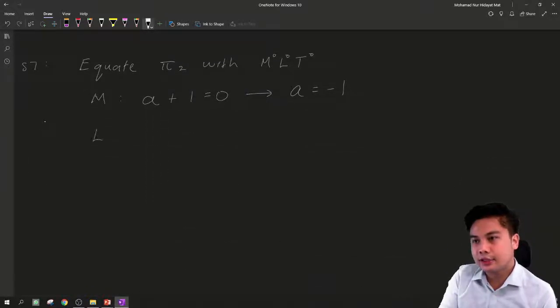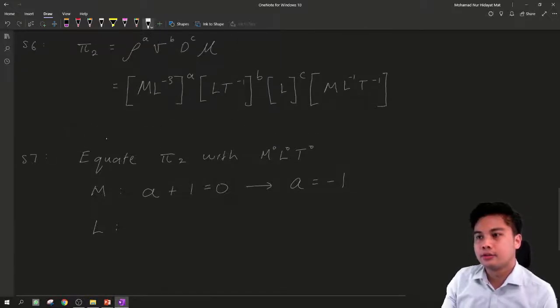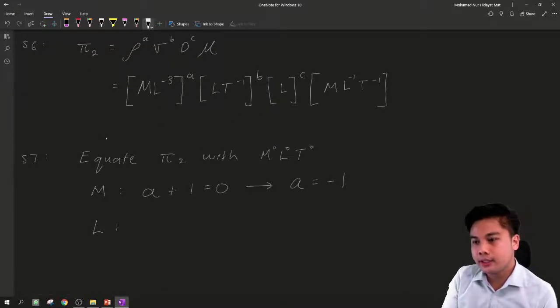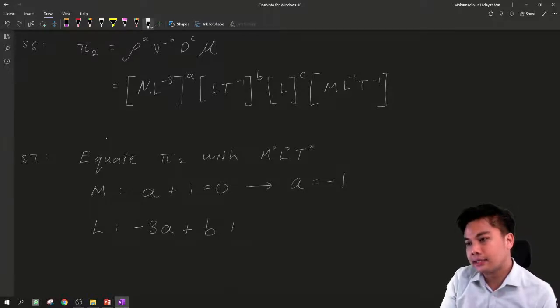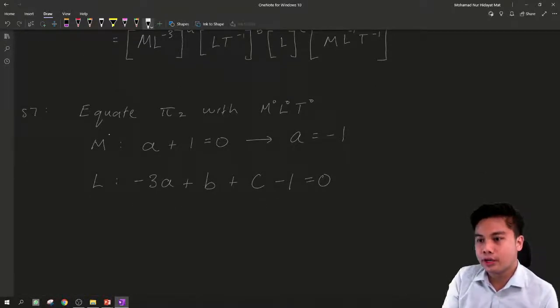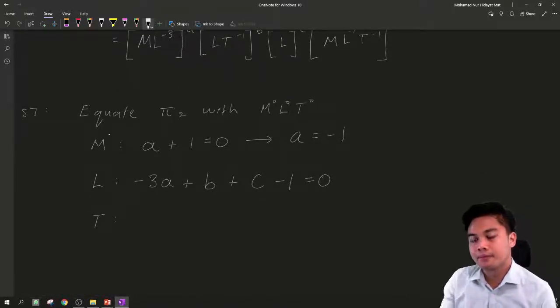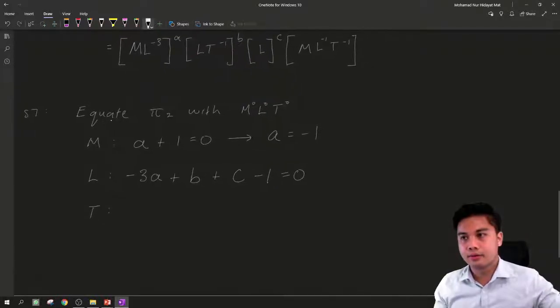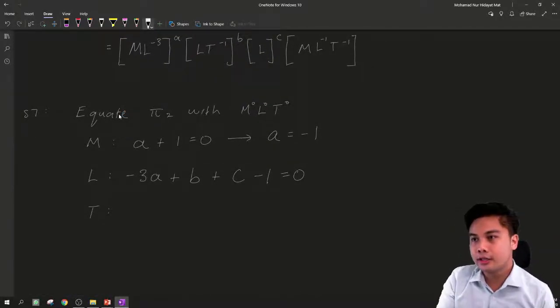Let's take a look at L. For L, we have negative 3A plus B plus C, and this is negative 1, minus 1, equal to 0. Okay, let's proceed to T. Do we have T at the first?